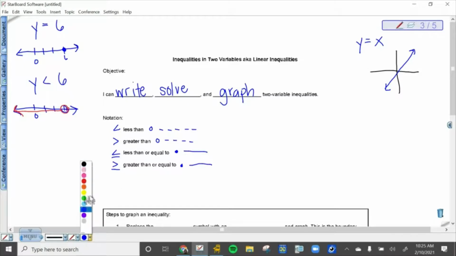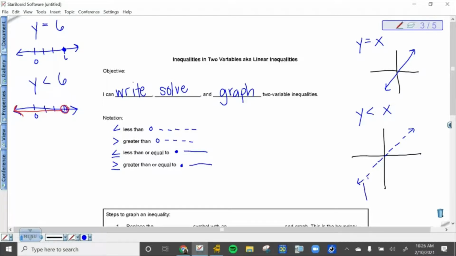And then now we're going to talk about inequalities, y less than x, in two variables. Instead of just one variable, there's two variables. So it's going to look like a line, but since this is just less than, it's going to be a dotted line. But then more than just the line, it's actually going to be a half plane.